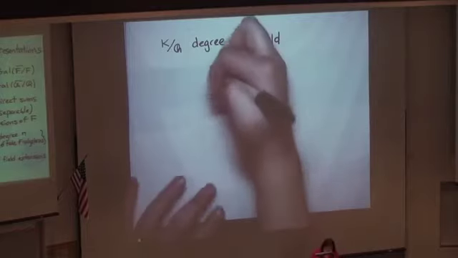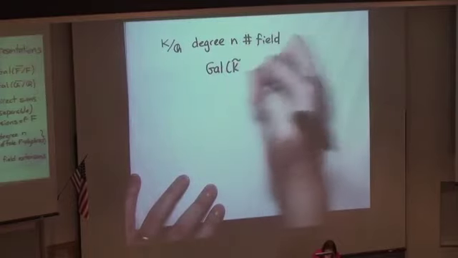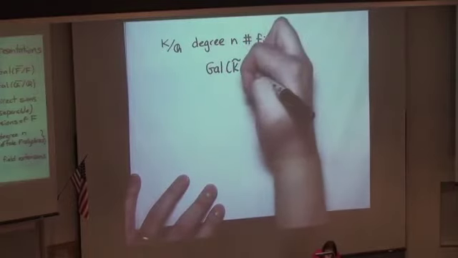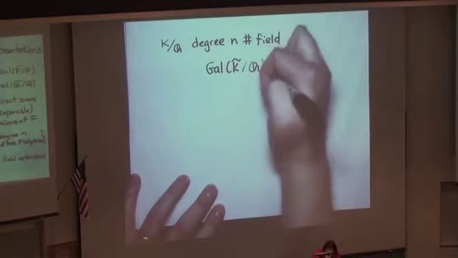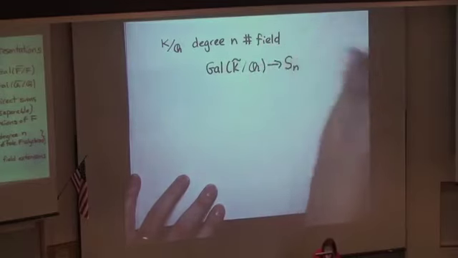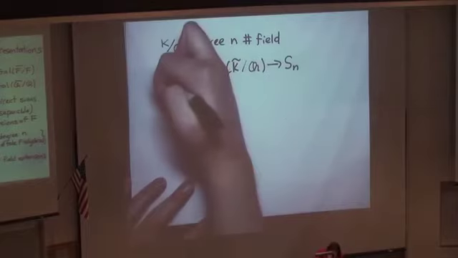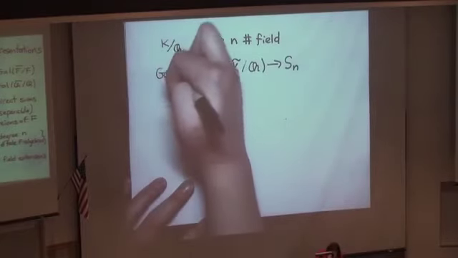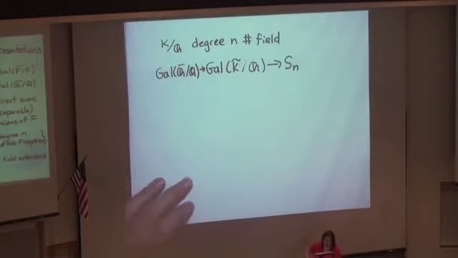Well, we talked about the map from the Galois group of the Galois closure of K over Q to S_n via the action on the maps from K into Q bar, and of course the Galois group of Q bar over Q has this quotient.